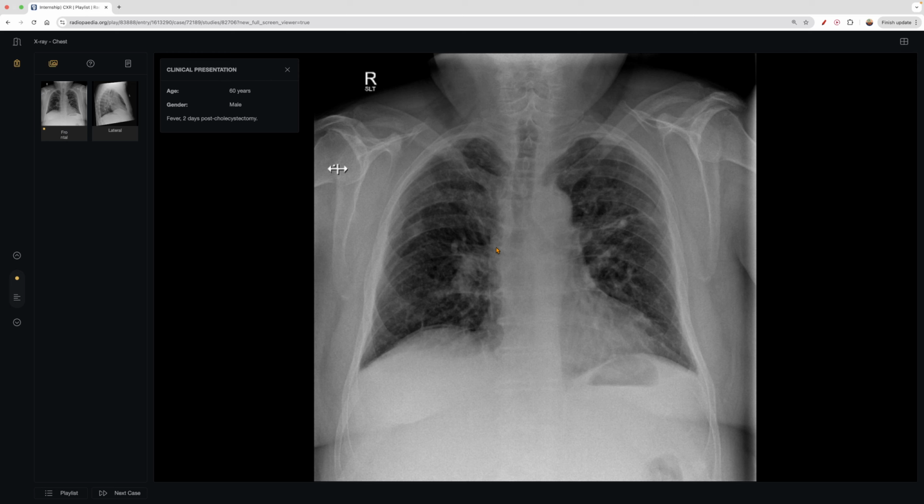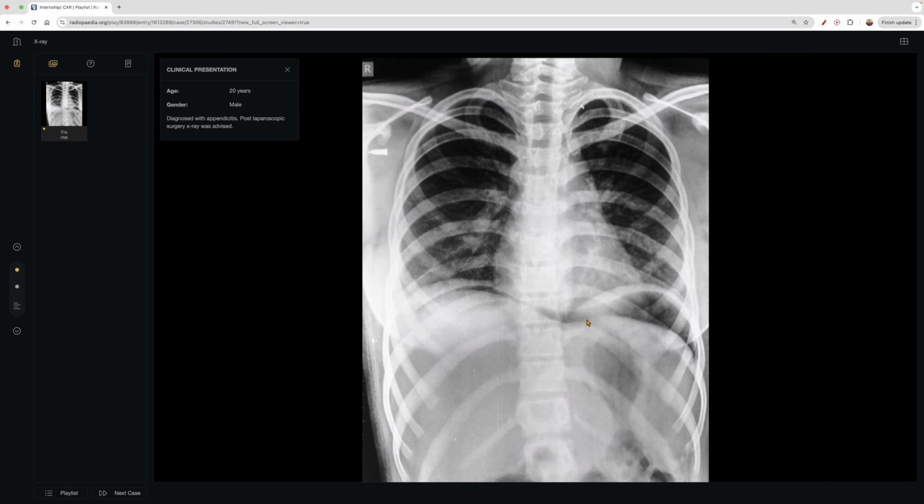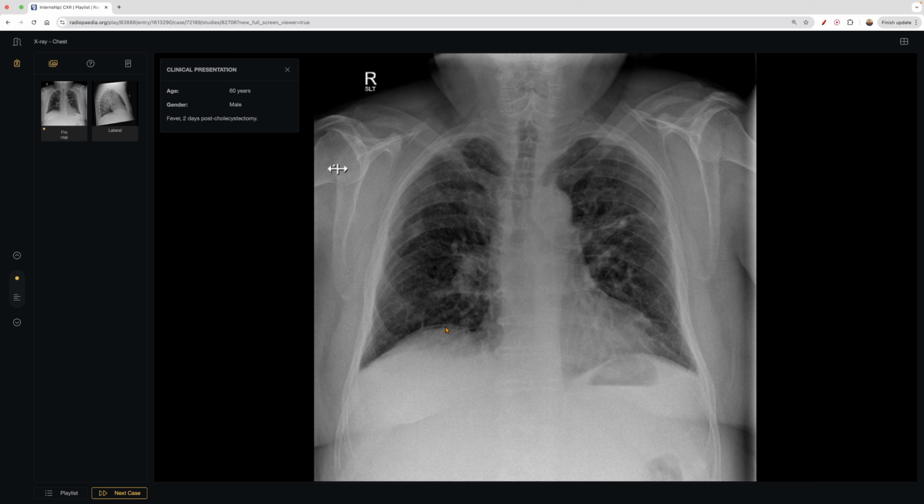So in this case, this is pretty challenging because this little area here is actually free air. That's a little challenging, but I included this to show you how little air it could take. This is, I would say, the trickiest of presentations. The other one was pretty florid, right? There's no question of, okay, yeah, that's free air, right? This one's like, huh, makes you think a little bit because that could look like a rib.